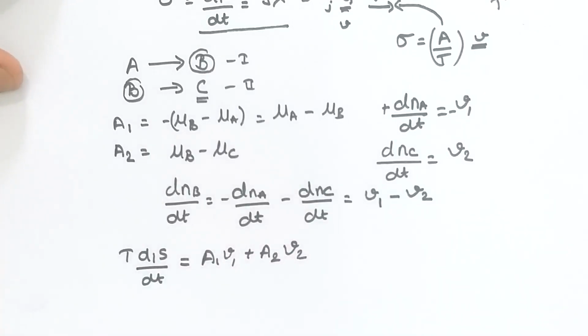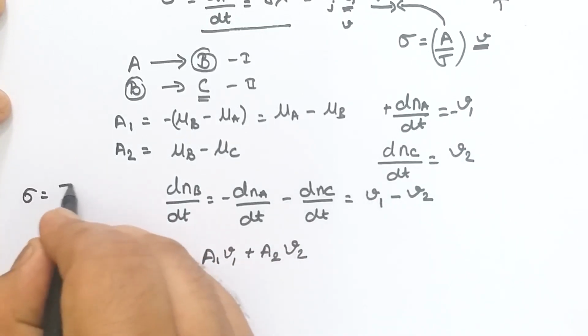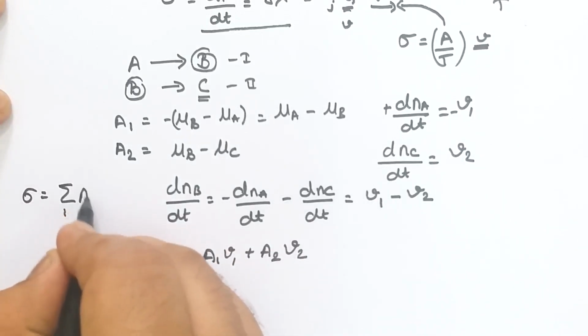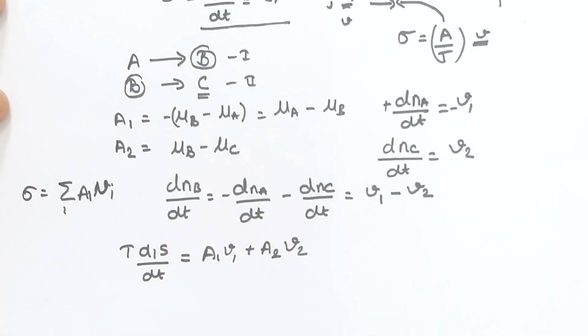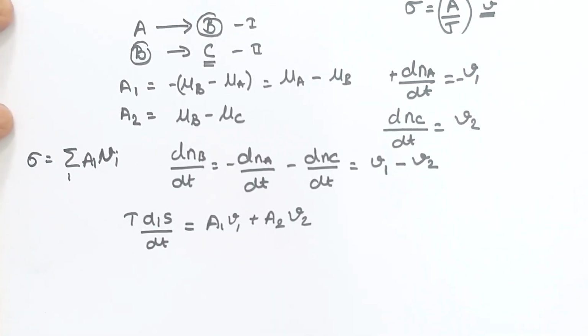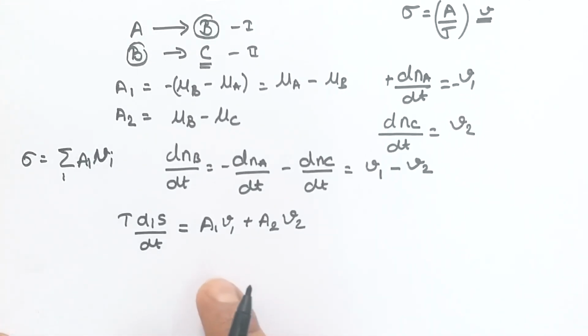This we have also seen in our previous discussion, where entropy production can be written as summation over i of Ai nu i for coupled reactions. So this is a similar type of reaction, and hence the entropy production we can write as A1 nu1 plus A2 nu2.